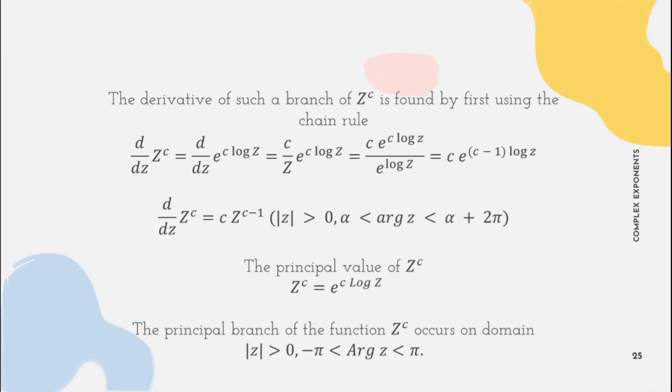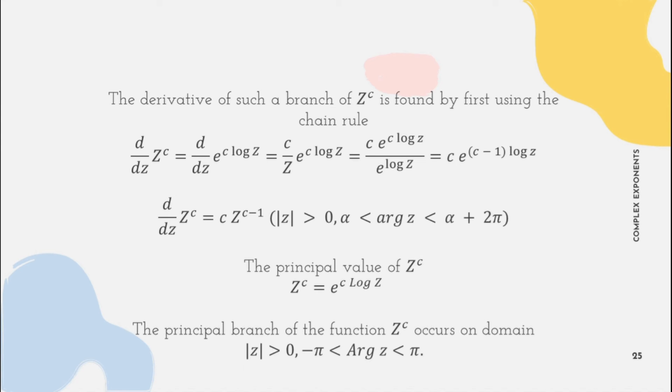The derivative of such a branch of z^c is found by first using the chain rule. The derivative of z^c is equal to the derivative of exp(c times log z), since z^c is equal to exp(c times log z). We have known that the derivative of exp(alpha log beta) is equal to alpha over beta times exp(alpha log beta).